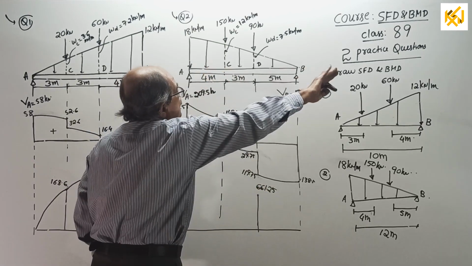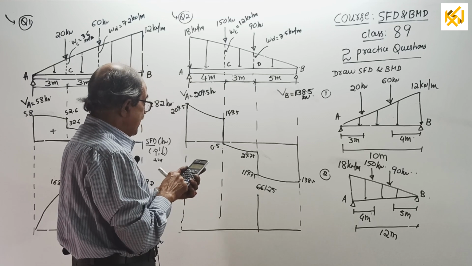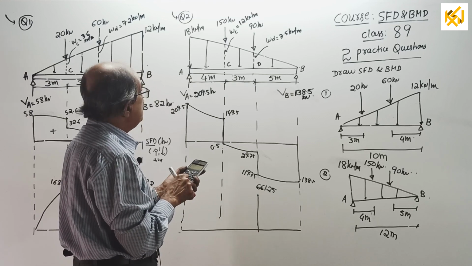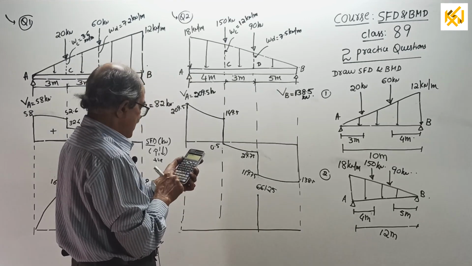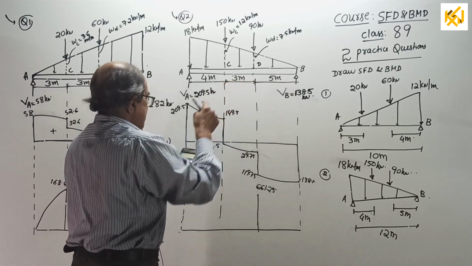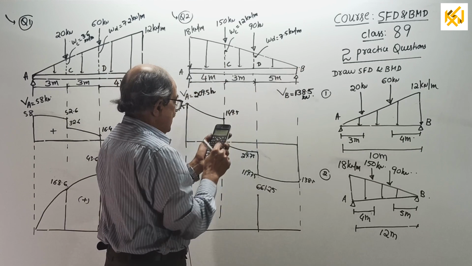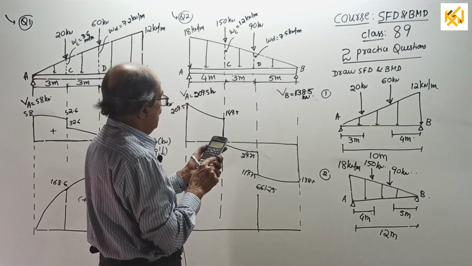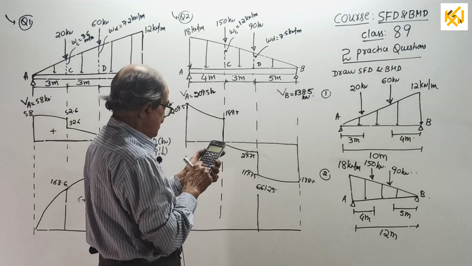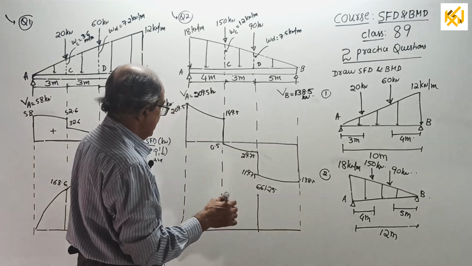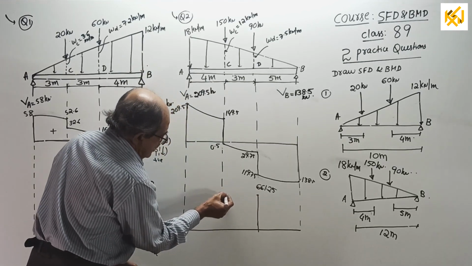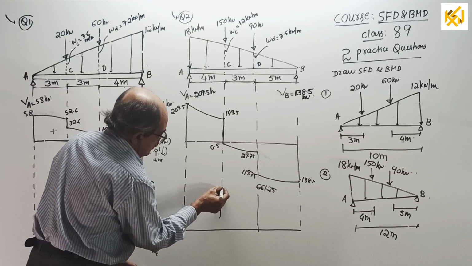Here BM, look this side only. 138.5 into 8 minus half into 8 is the total into 12 is the total load for 8 meter into 1 by 3 of 8 minus 90 into 3. 710. 661, little more. Okay, sufficient.